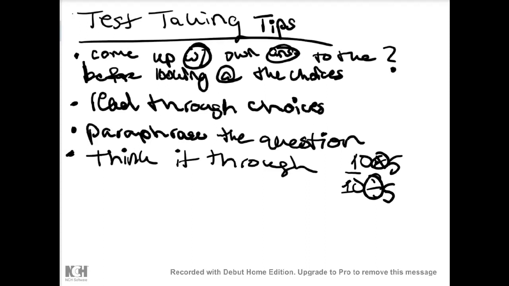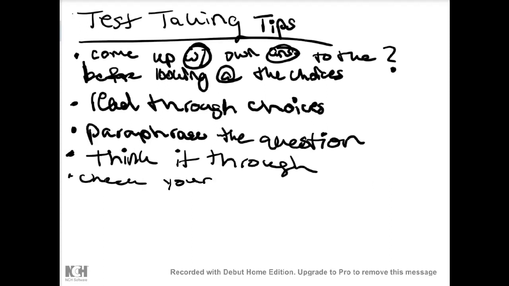So just read it through really carefully. I'm just using really basic examples. I know that anyone asking for test taking tips has probably experienced that, but it can happen to anyone, so just really read it through carefully. So think it through. And then check your work after you're done. So check your work.